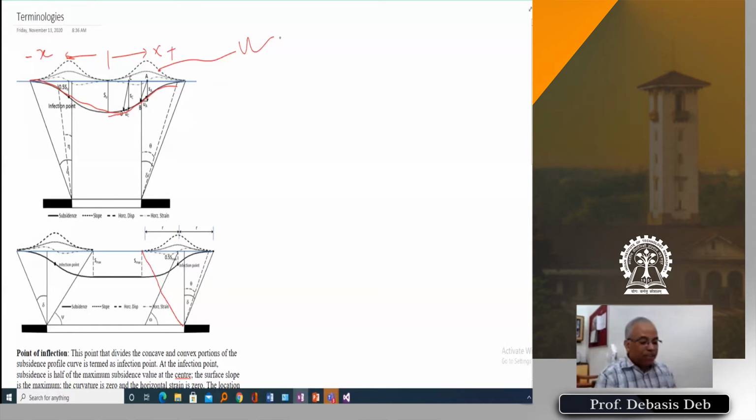In the horizontal strain, at the end it is 0 and in the middle again it will be 0 because there is no horizontal movement. So this is again 0 here, and the maximum will come somewhere around where the curvature is changing.